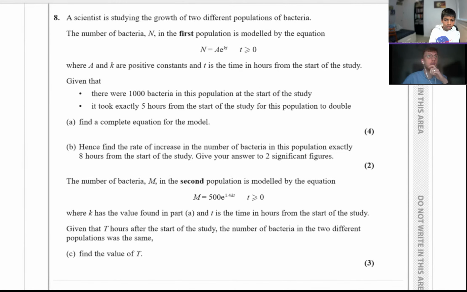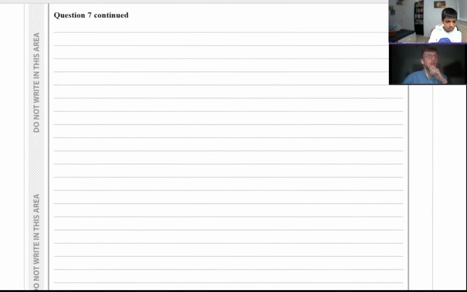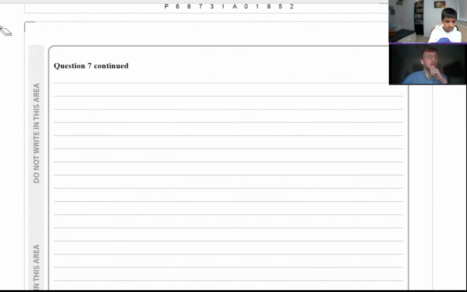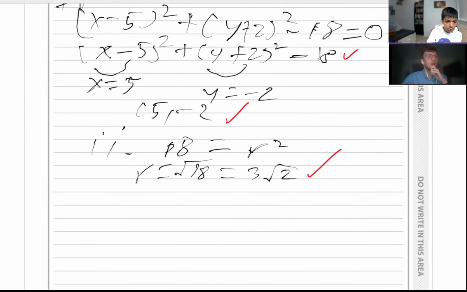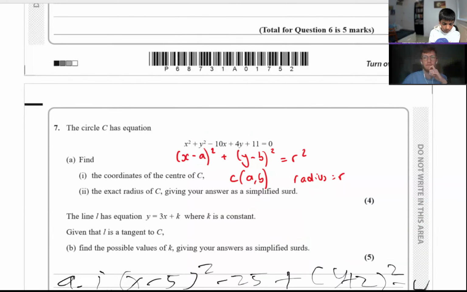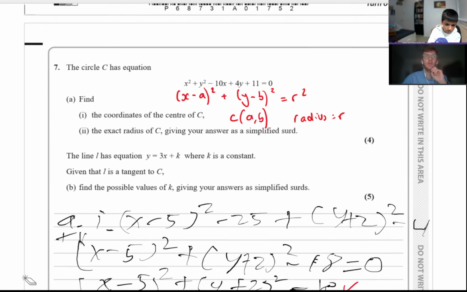So, part B, we're then told that the line y equals 3x plus k, where k is a constant, is a tangent to C. We want to find possible values of k. So all we have to do is just sub it into the equation.